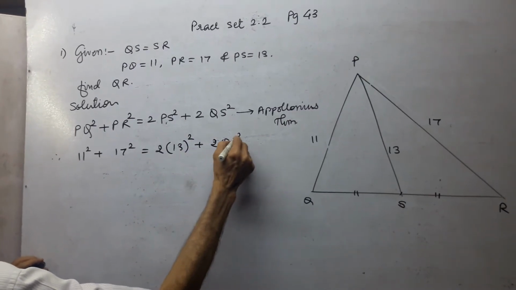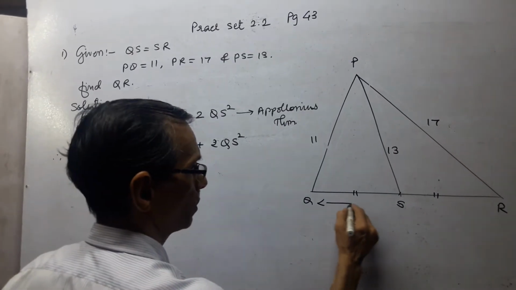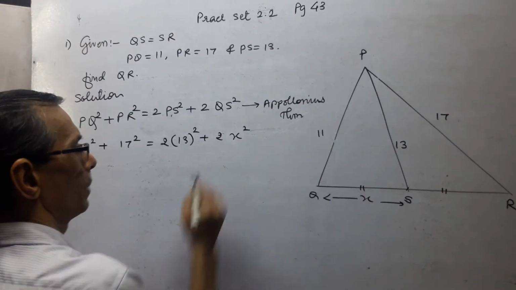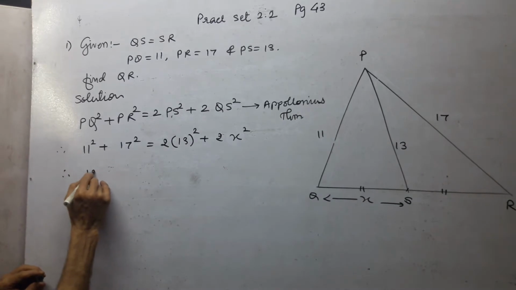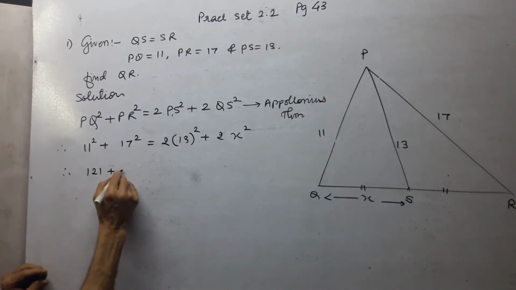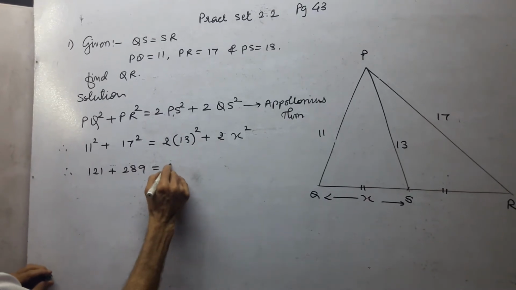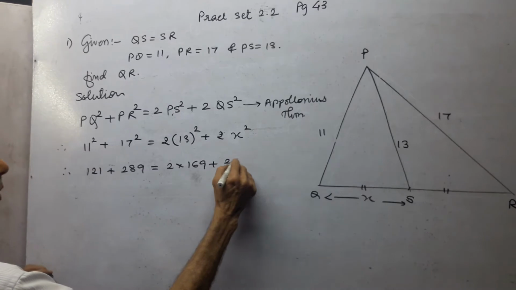We do not know it, so write as it is, or you can take QS as X, suppose. So you can write here X square. So square of 11 is 121, plus square of 17 is 289, is equal to 2 into 13 square, 169, plus 2x square.